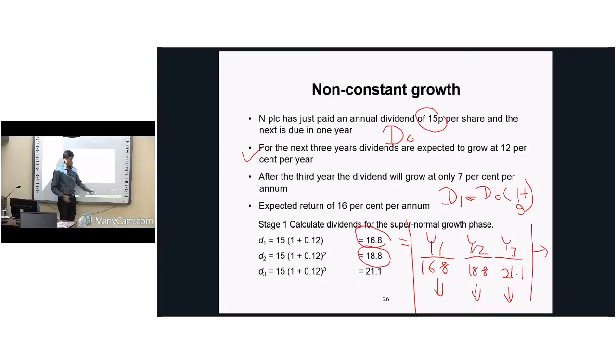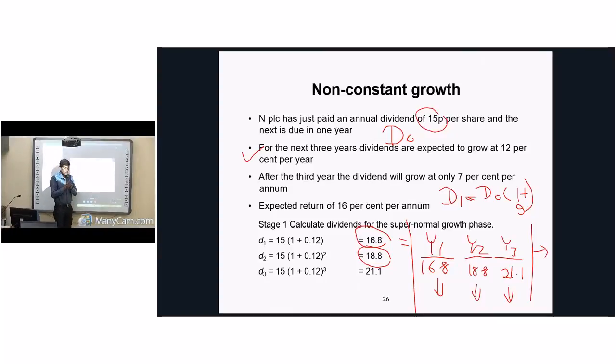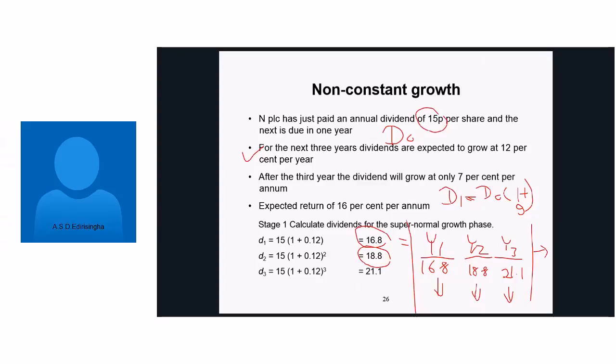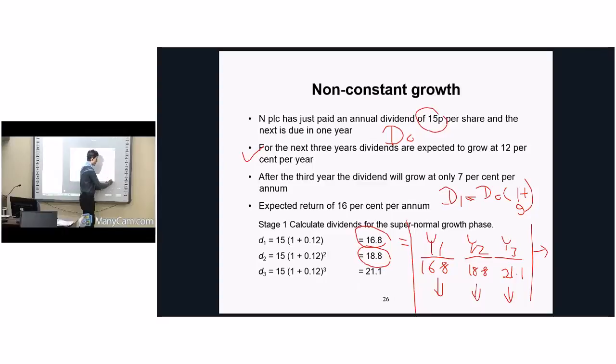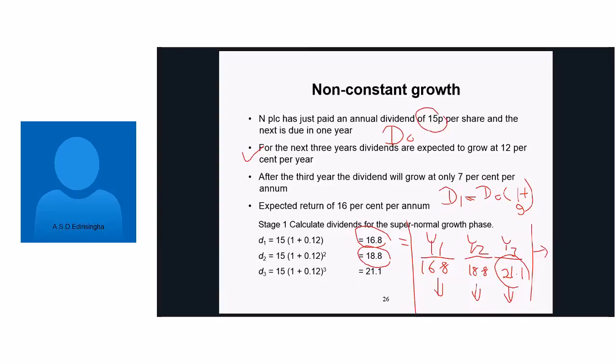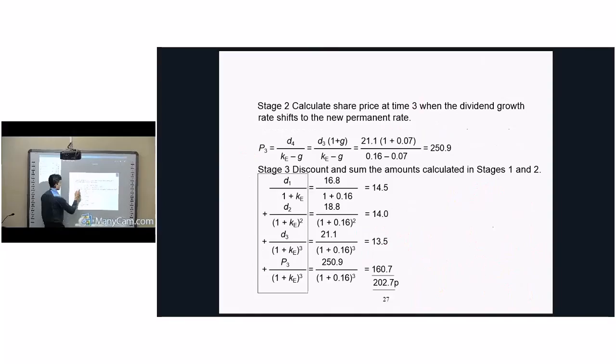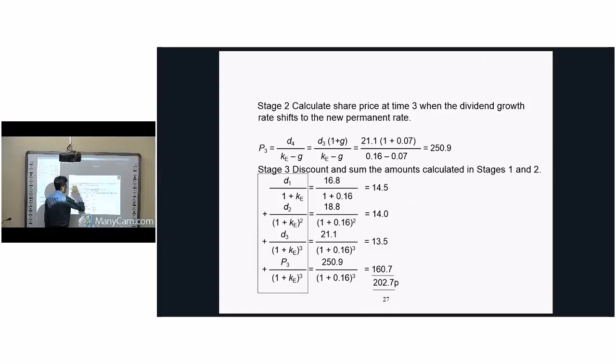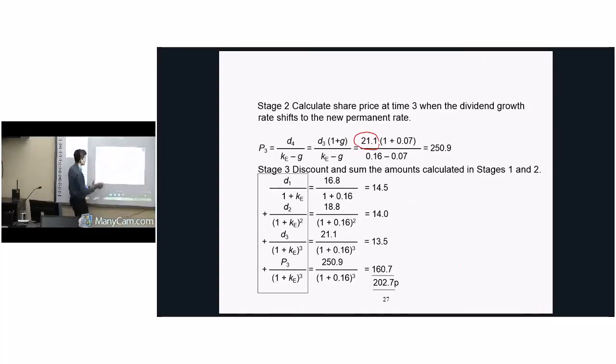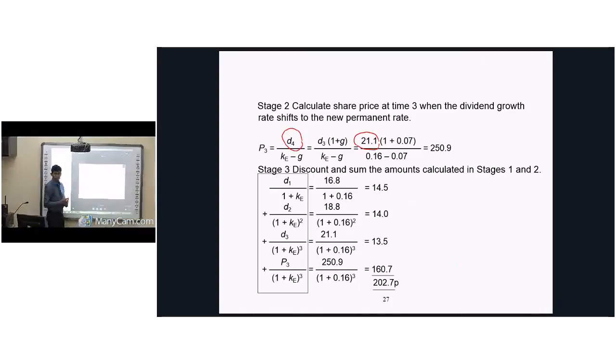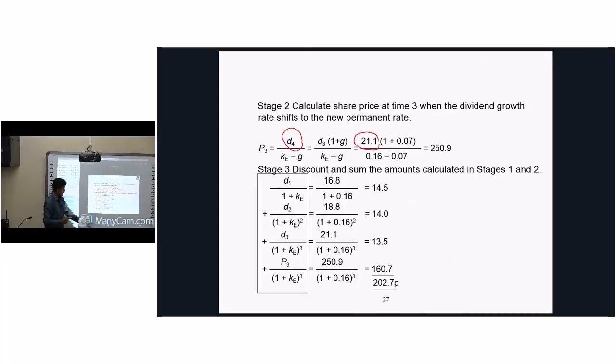So today, if you are trying to calculate the cash flows from here, today is this 21.1. So therefore we put the D0 as 21.1. But what we want is D1. In other words, D1 means D4. Why is D1 D4?